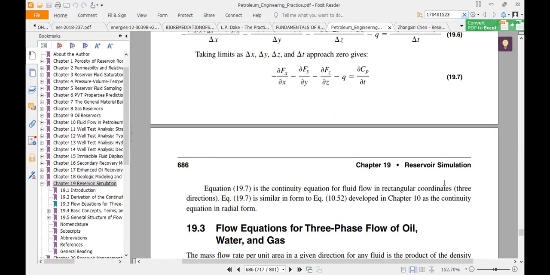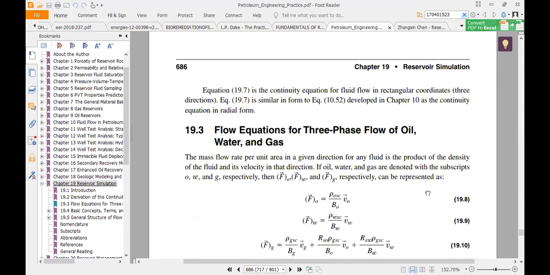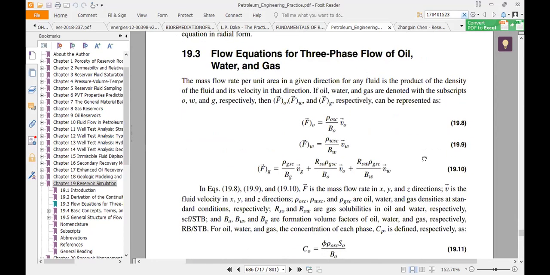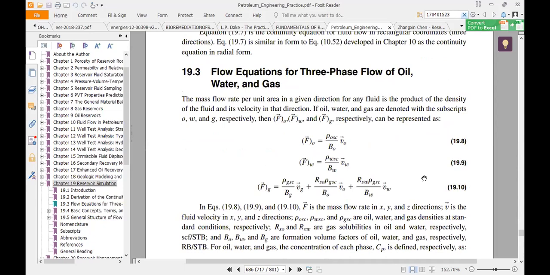And of course, a similar thing can be done in radial coordinates, similar to how we went about it when we were deriving the diffusivity equation. We took a cutaway portion of the reservoir, even though this time it was in radial coordinates, and looked at flow into that sector and flow out.